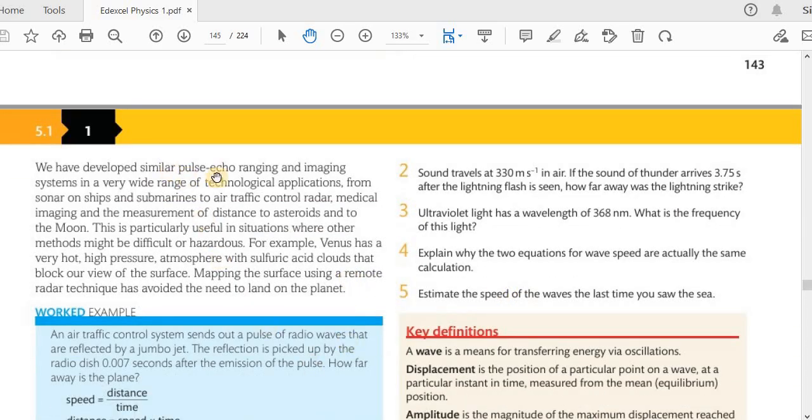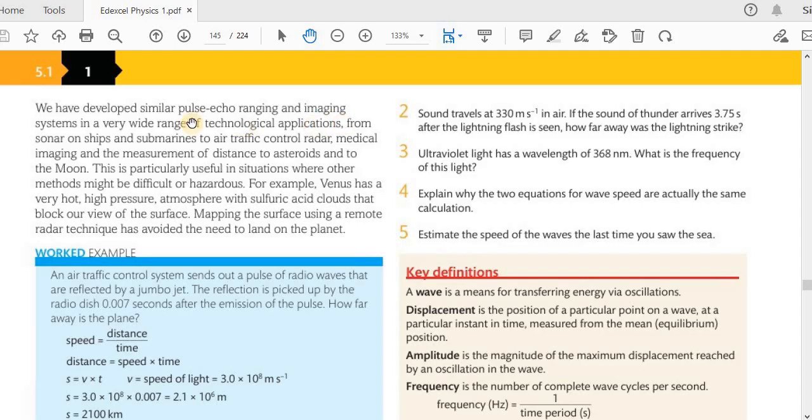We have developed similar pulse echo ranging and imaging systems in a wide range of technological applications, from sonar on ships and submarines to air traffic control radar, medical imaging, and the measurement of distance to asteroids and to the moon.